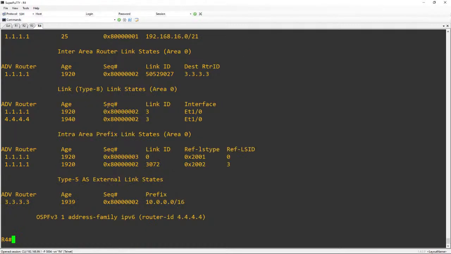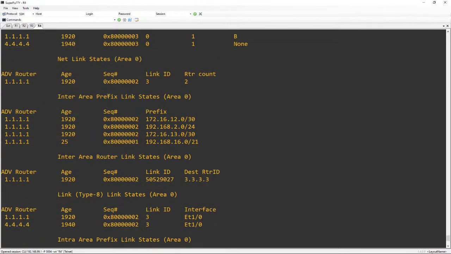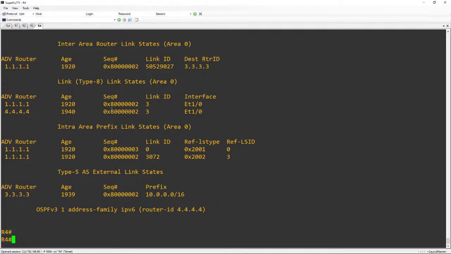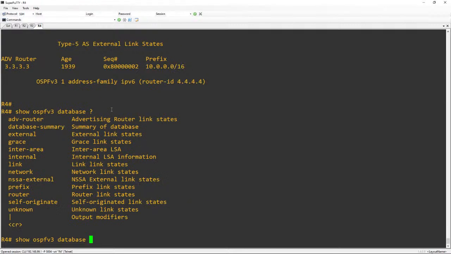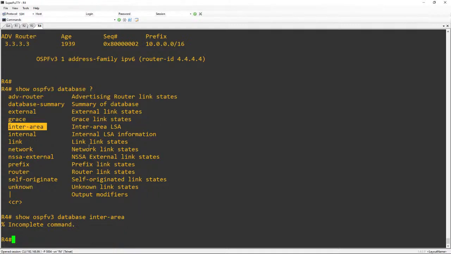So let's drill down and see, remember, this is the summary of the database. Let's drill down and see what the actual LSA looks like. So again, show ip ospf database. In this case, we're looking for inter area because those are my summaries from one area to the other, inter area.